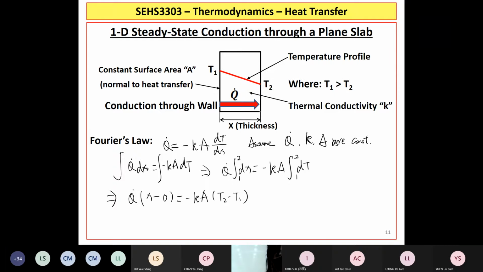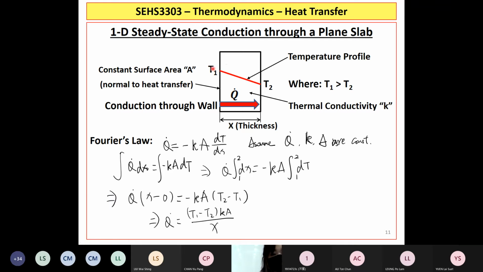If we rearrange x, we have a linear temperature profile through this wall.